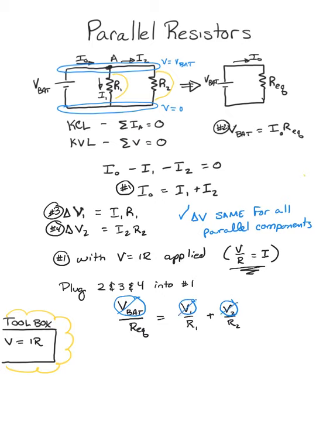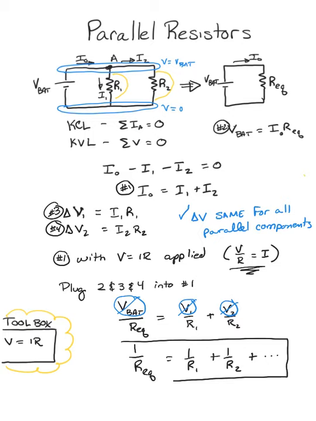And that will leave us with 1 over R equivalent is equal to 1 over R1 plus 1 over R2. And if I had other resistors in there, I could just keep adding them on in that inverse fashion. And that gives us a formula for parallel resistors.